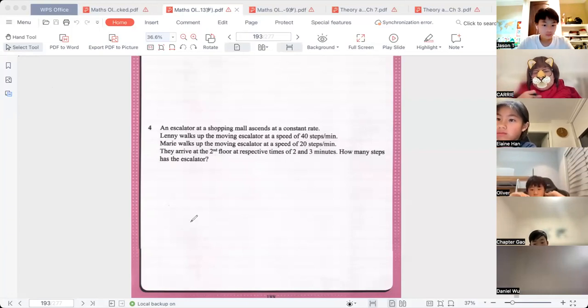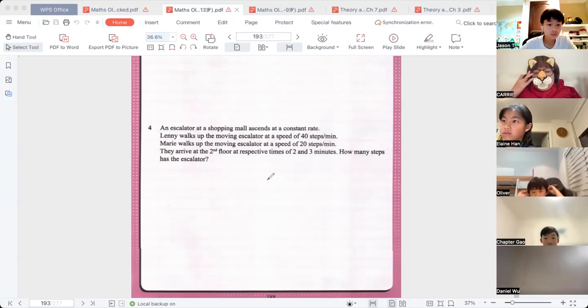Okay, 他自己也在走。And Marie walks up the moving escalator at a speed of 20 steps per minute. So that means Marie is half of the speed of Lenny, right? So they arrived at the second floor at respective times of 2 and 3 minutes. 什么意思啊？就是 Lenny 用了2分钟，Marie 用了3分钟，correct? Okay, how many steps does the escalator have?